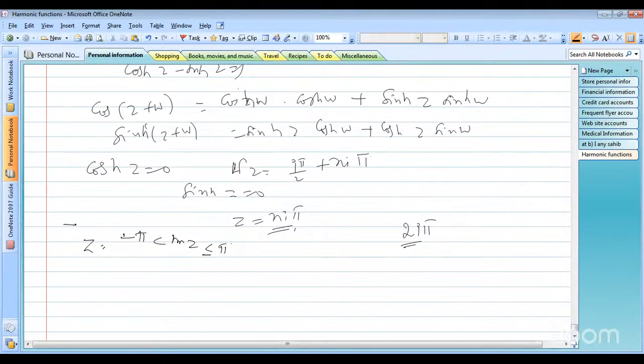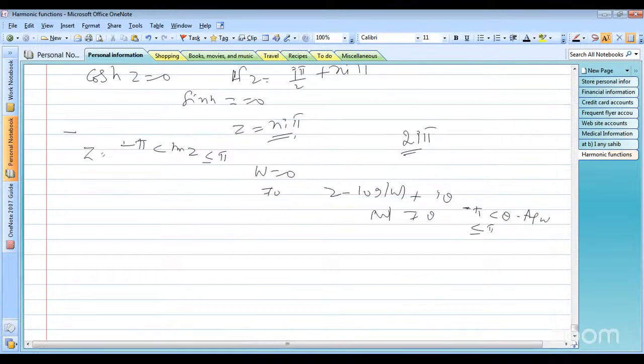The exponential function on this region is one-to-one onto all complex numbers w not equal to 0. If w is not equal to 0, then z is equal to log|w| plus iθ, where θ is the argument of w, with minus π less than θ less than or equal to π.